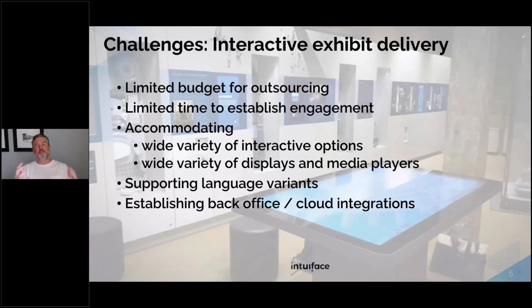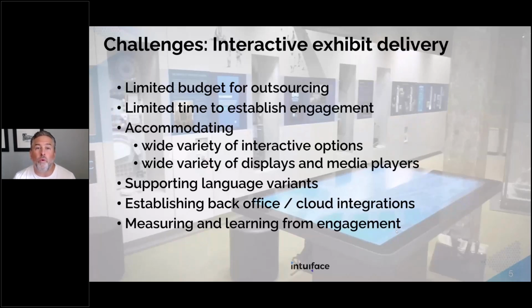Some way to establish that connection between the cloud, between your back office, and what you're showing in the museum. You're not always going to have connections to the cloud, to outside the museum, but internally, so you don't have to have multiple versions of the same content, for example, one for the website and a separate instance of the exact same media for a kiosk. That would be a shame. So wouldn't it be nice if you could establish connections with those exhibits you're building digitally?